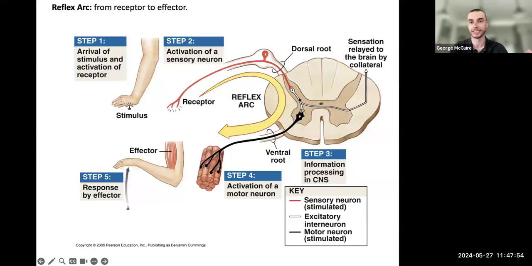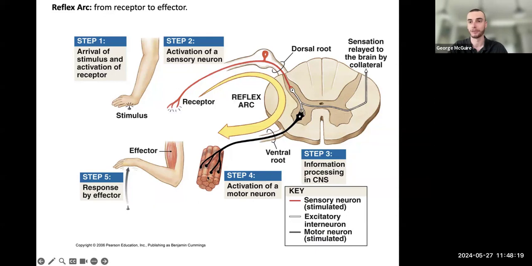That interneuron is then diverging. Here we have some divergence of this interneuron, where the fastest pathway is going to be where it synapses with the motor neuron. That motor neuron is then going to stimulate contraction at our effector, in this case, which is our biceps brachii, to flex our elbow, pulling our arm away from that painful stimulus.